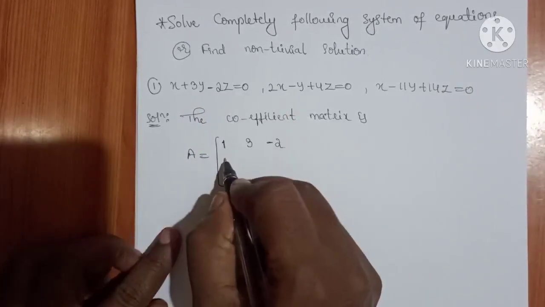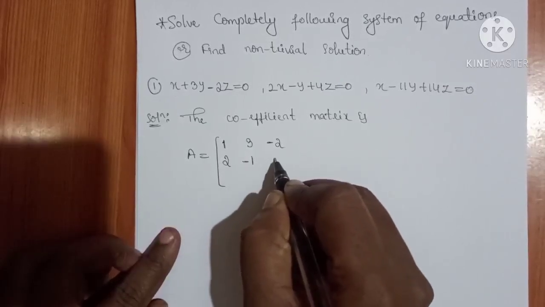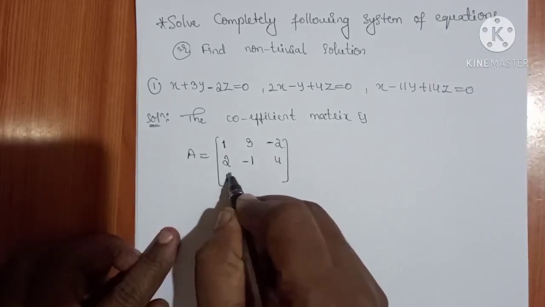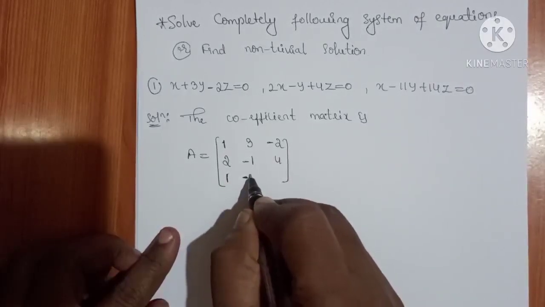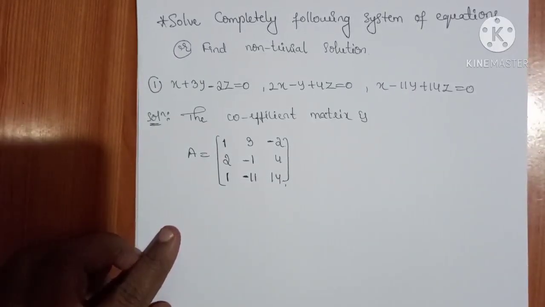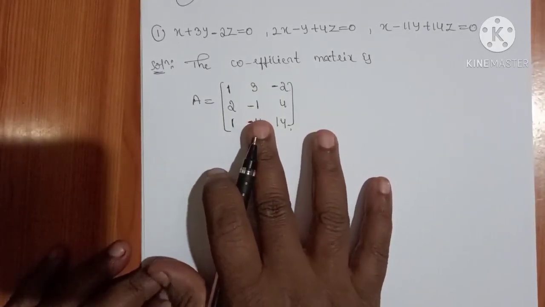Similarly, in the second equation, the coefficient of x is 2, y is minus 1, z is 4. Like that we get the third row: 1, minus 11 and 14. Next we have to find the rank of this A.